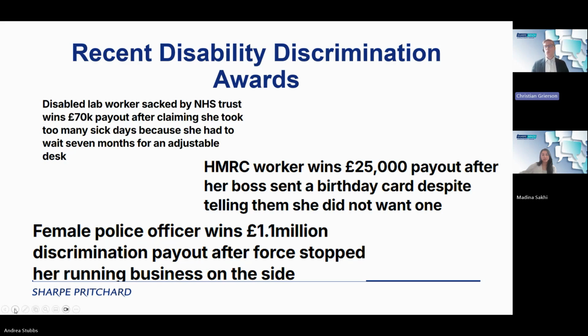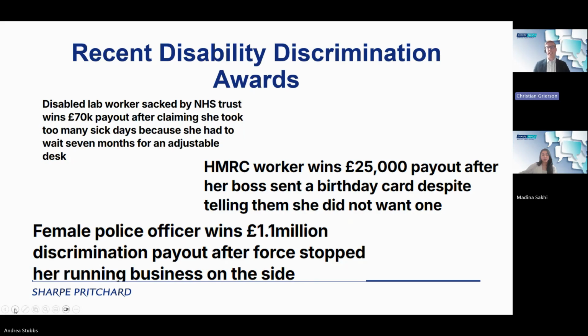Now, wider members of the public that don't see this day in, day out, see a headline like that and often will be surprised. £70,000 because she was waiting for an adjustable desk. It sounds like quite a high and sizable award. In particular, the other headline there, female police officer wins 1.1 million.